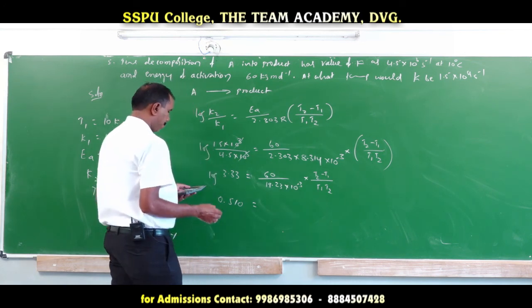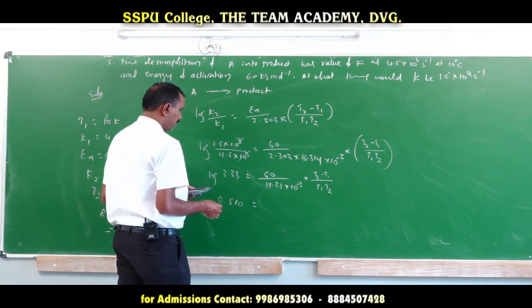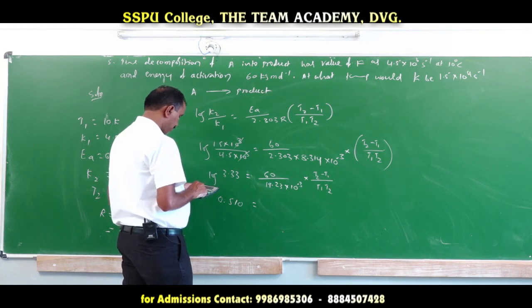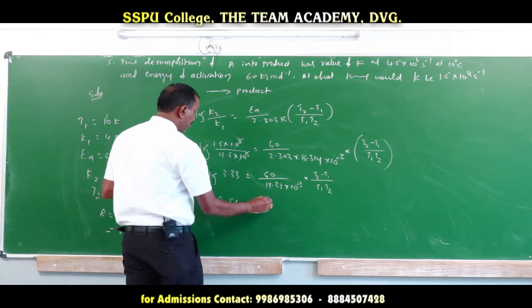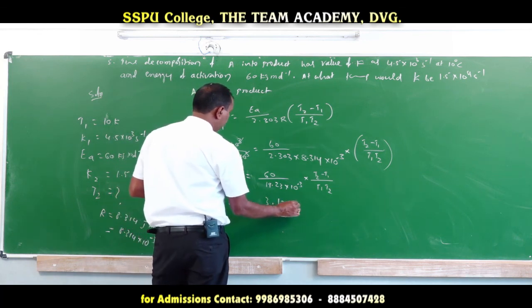Divided by 3.12 into 10 to the power of plus 3.